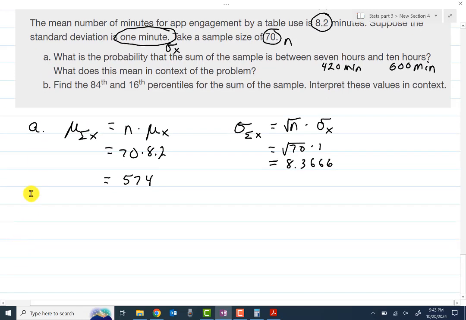All right, well, part A, we want these sums to be between 420 and 600 minutes.